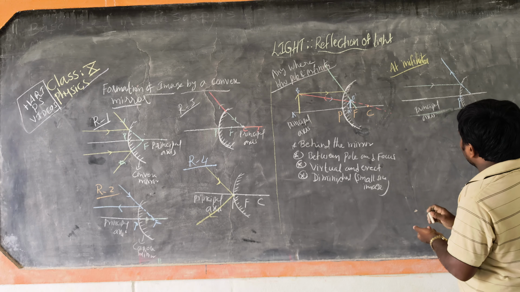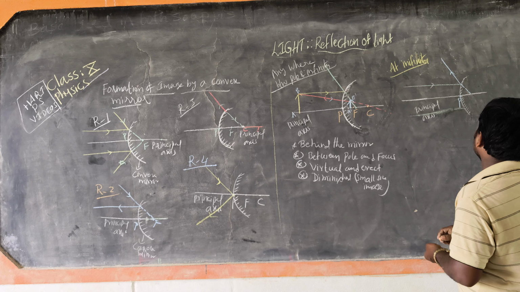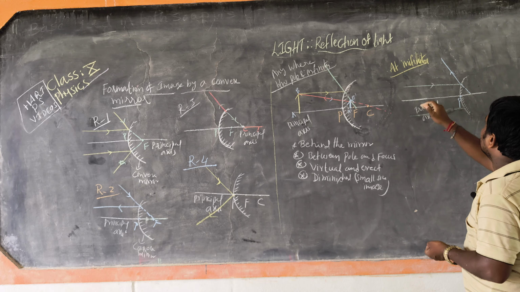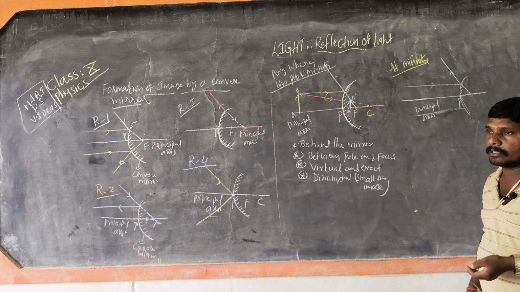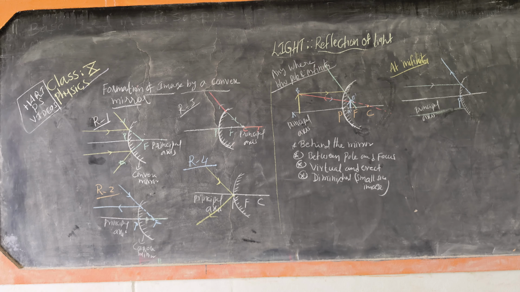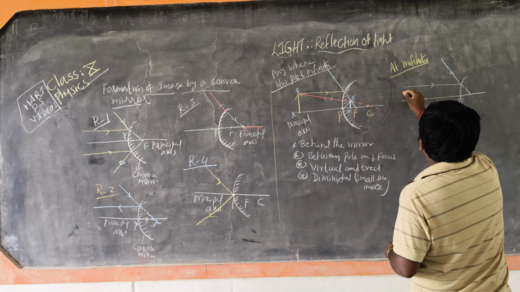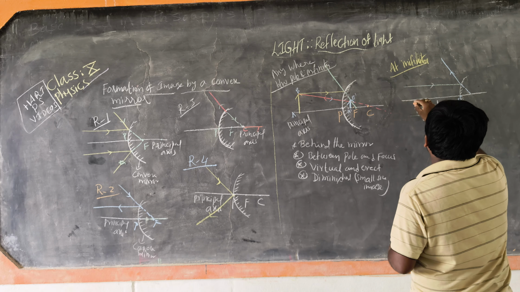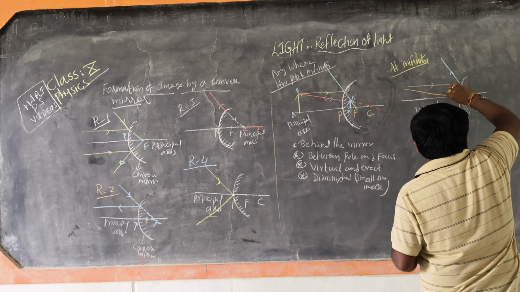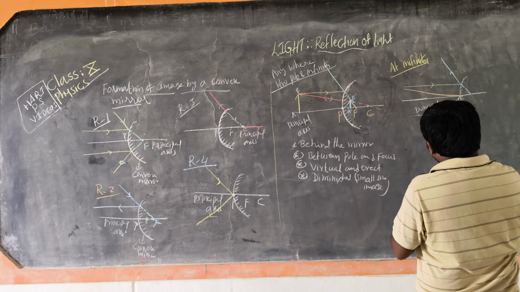Or if you take one more light ray which is passing through the center of curvature, or if the light ray is making some angle with the principal axis near the pole, what will happen?